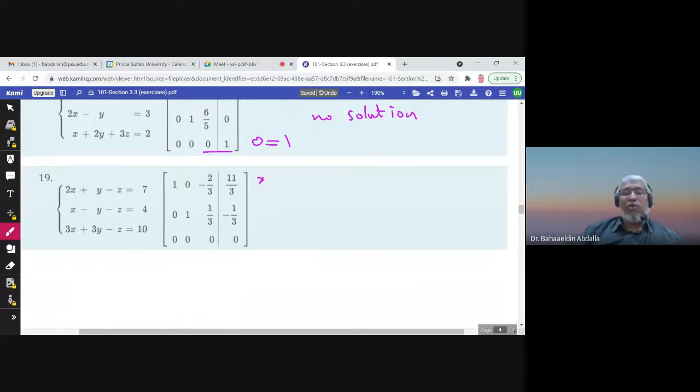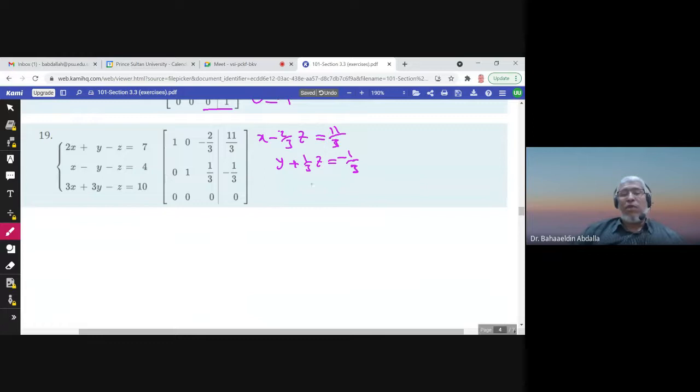While here we have 0 equals 0, so we will have infinitely many solutions. So let me write the equations. X plus negative 2 over 3 times z is 11 over 3. Y plus 1 over 3 z is negative 1 over 3, and 0 equals 0.